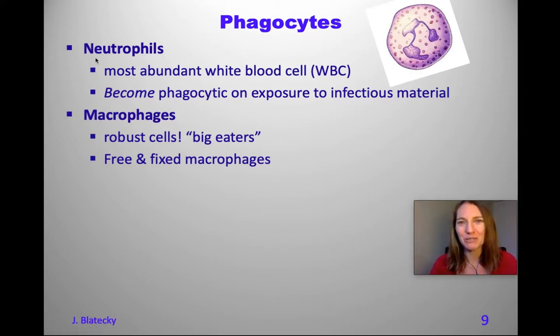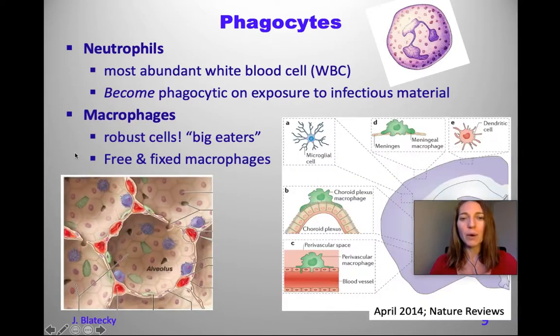You can think about our neutrophils as being our first responders, and we're going to see an example of that in just a second here. So macrophages in general, literally meaning big eaters. So very robust cells. You have both free as well as fixed macrophages.